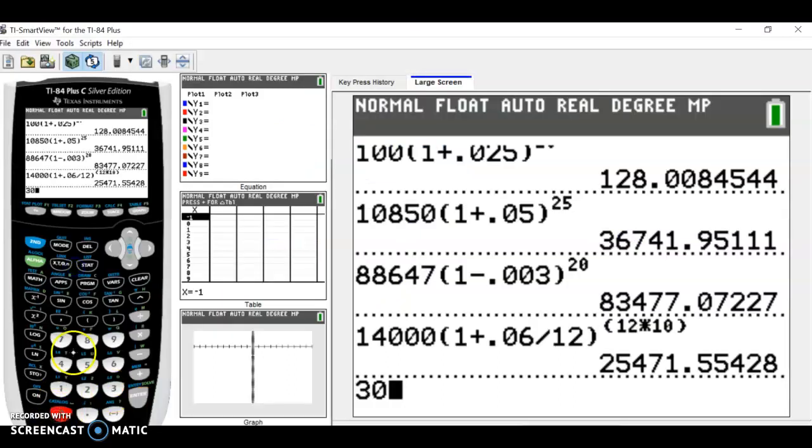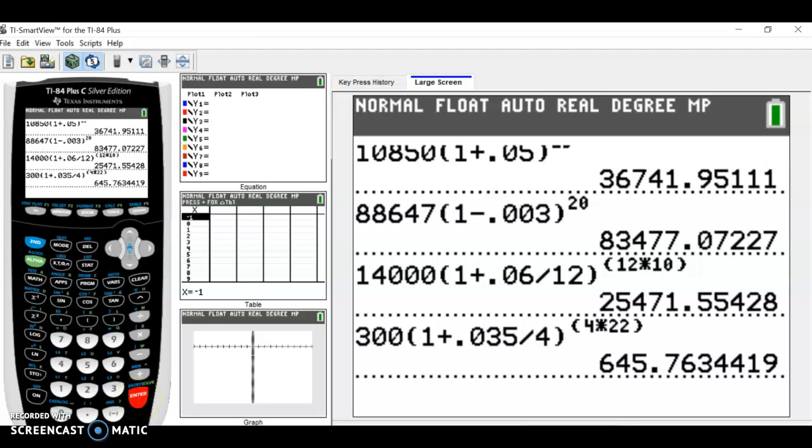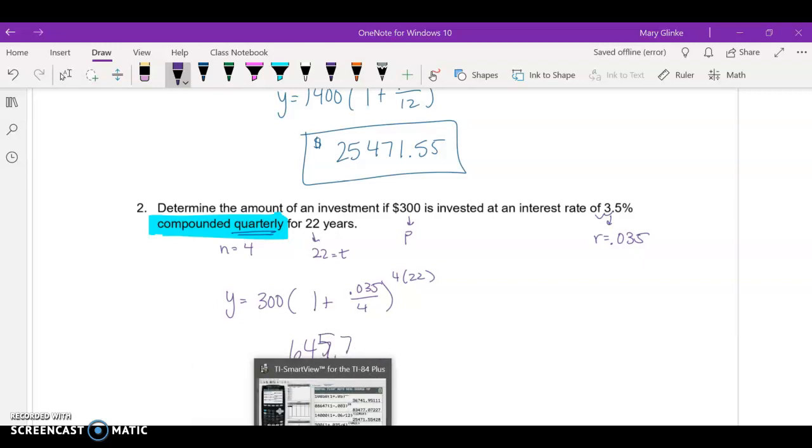So we have 300, 1 plus 0.035 divided by 4 to the parentheses 4 times 22. So we get 645.76.